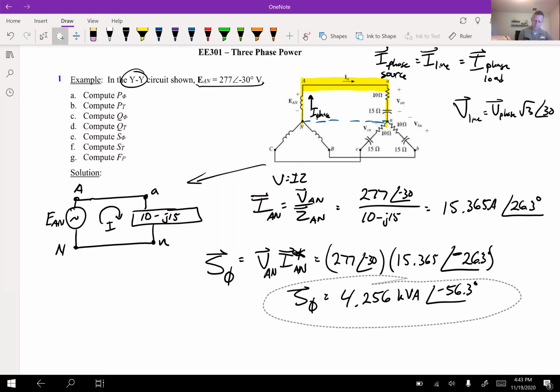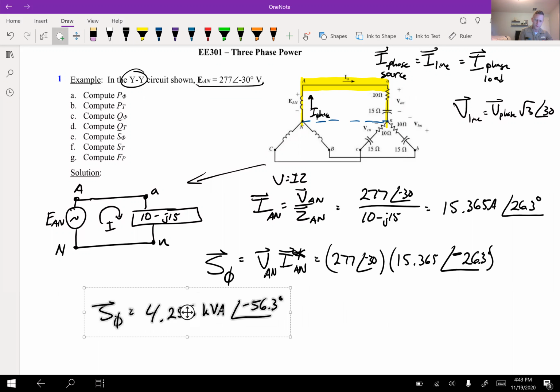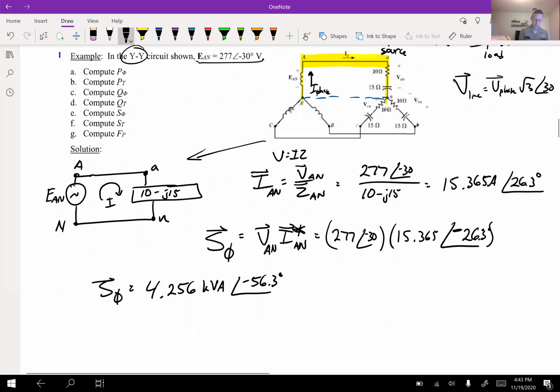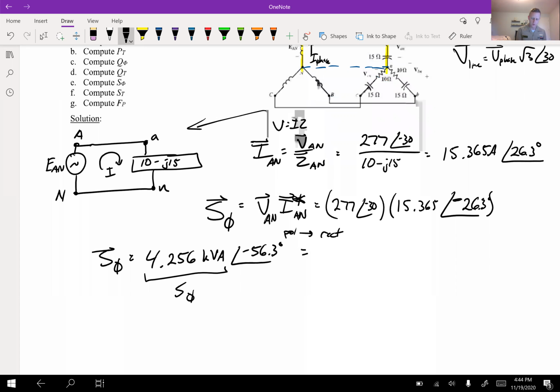That is in the polar form. So what that's telling us is the apparent power. Right here is the S total, the S of a single phase. Then I can go from polar across to rectangular. Don't even have to solve for anything. If you want to, you can with the cosine theta, the theta being 56.3 there.